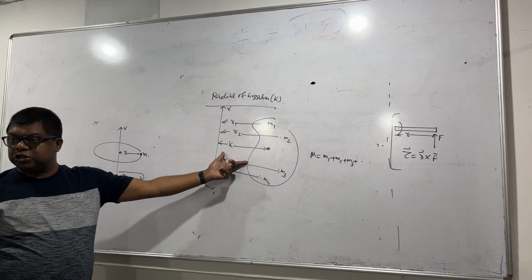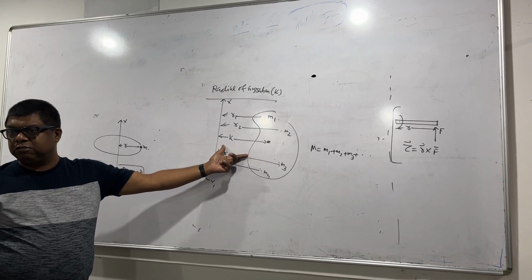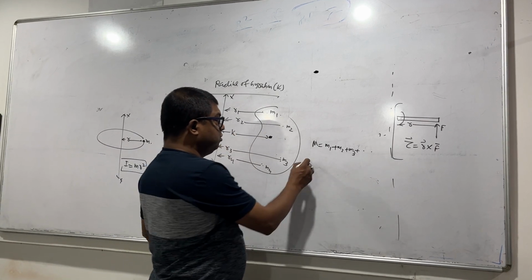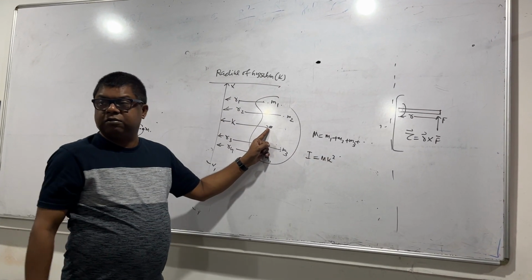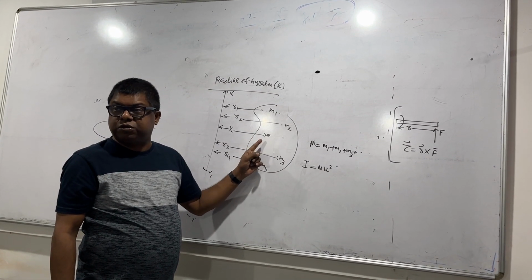K is called the radius of gyration. The moment of inertia of this particle, that is I is equal to mk square, is the moment of inertia of the point or particle at which the whole of the mass of the body is supposed to be concentrated.